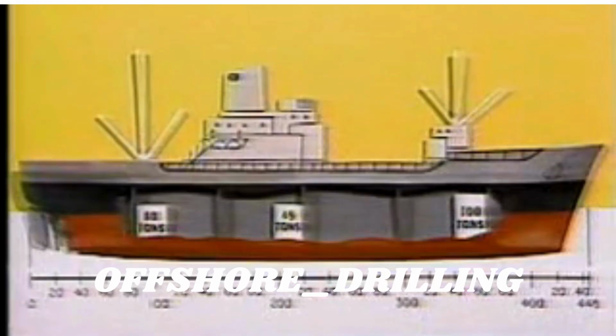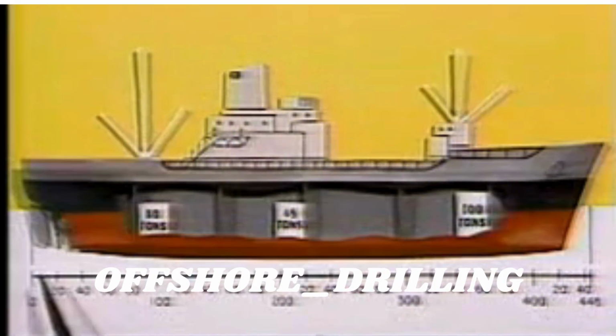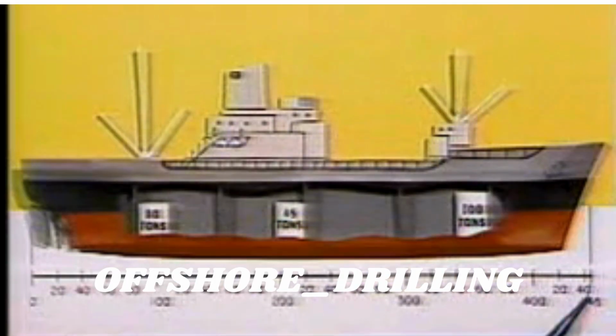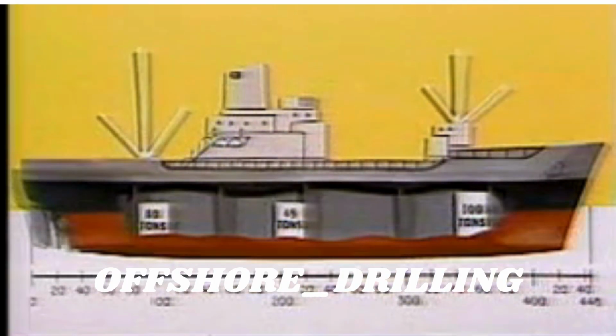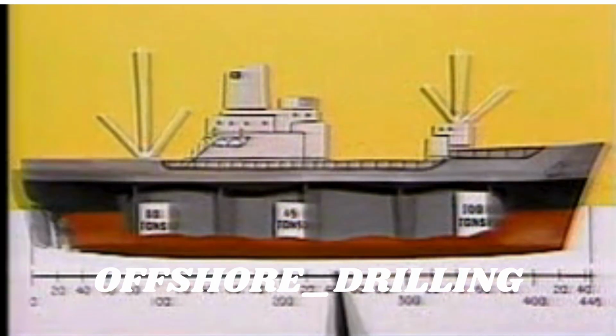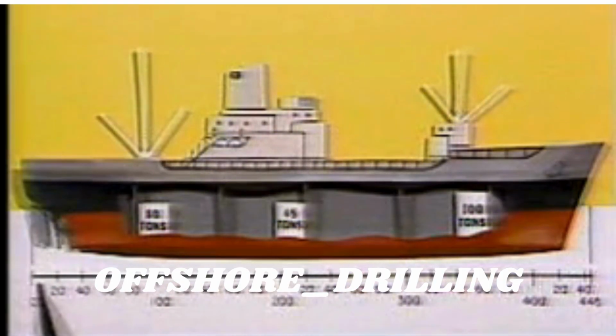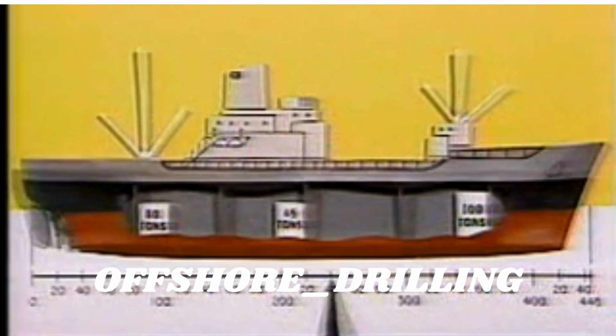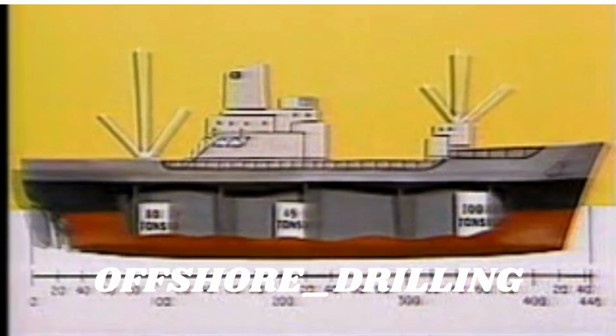If the length between perpendiculars, or LBP, is 445 feet, and the original LCG was 205 feet aft of the forward perpendicular, this is the same thing as being 240 feet forward of the after perpendicular.